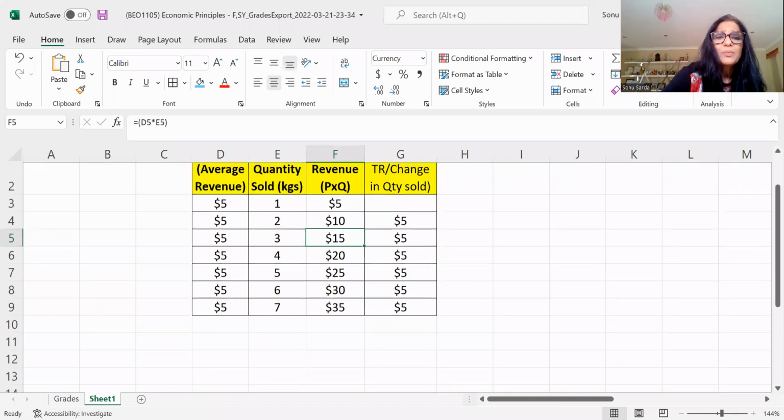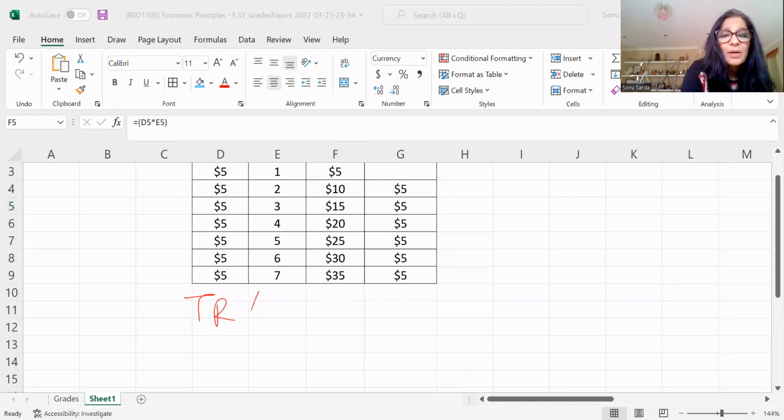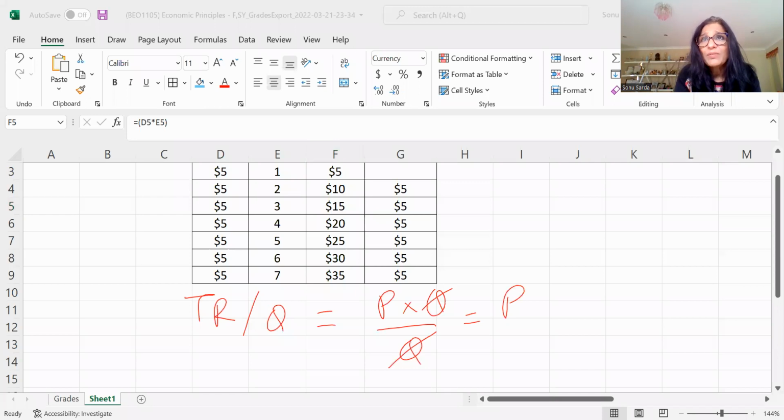Per unit is simply the total revenue divided by the quantity. So if it's the total revenue divided by the quantity, it is nothing but price times quantity divided by quantity, and that's why it's equal to price. And this is one reason, if you're ever given only the price, just take it very clearly: you don't have to calculate average revenue. It is the same thing. Average revenue and the price are the same.